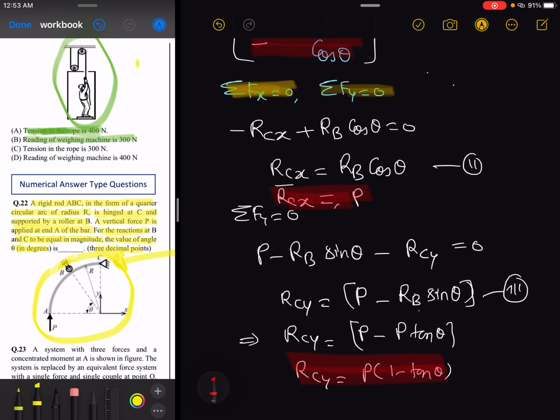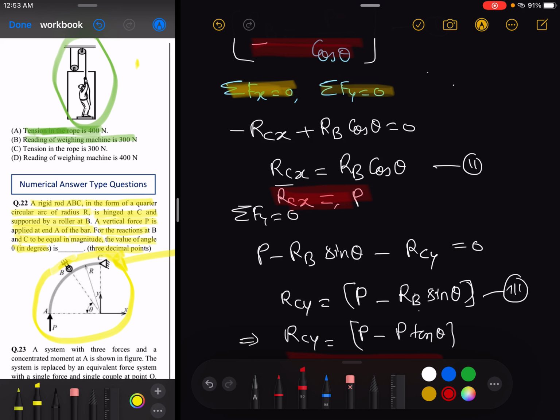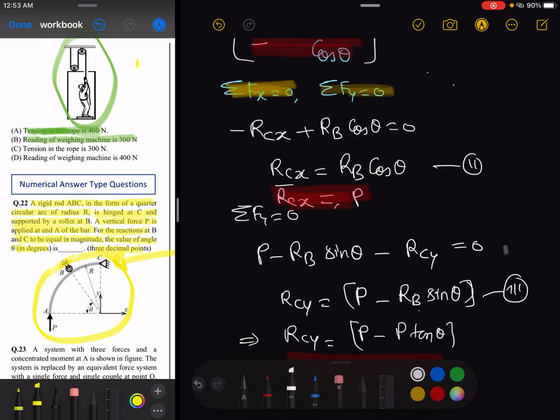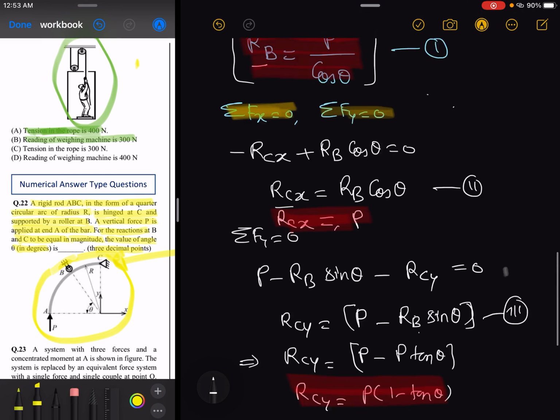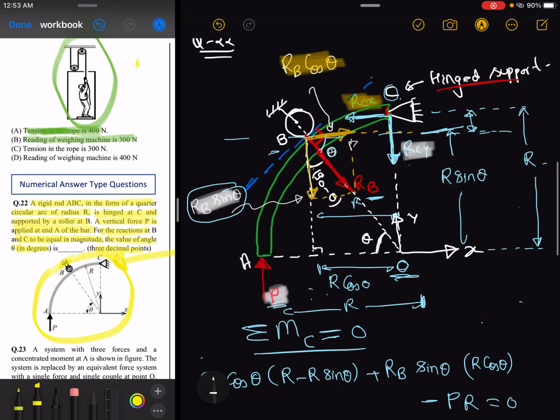If you consider the joint C, I am going to draw the joint C. See here. This joint has two reactions, that is RCX along the x-axis and RCY along the y-axis, but their resultant reaction should be the main concern of our topic.